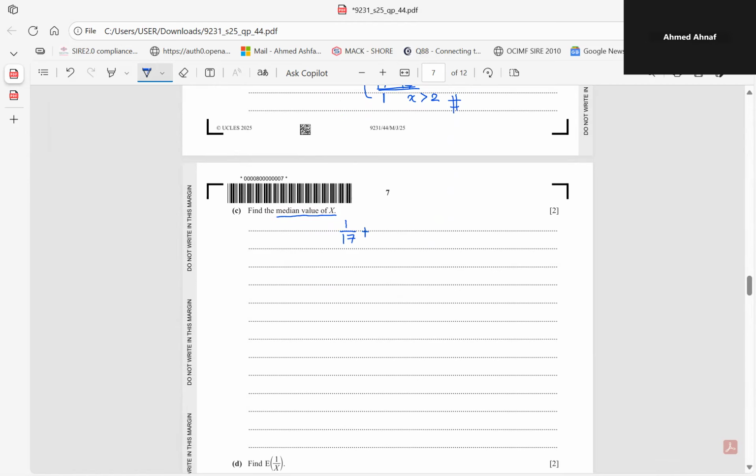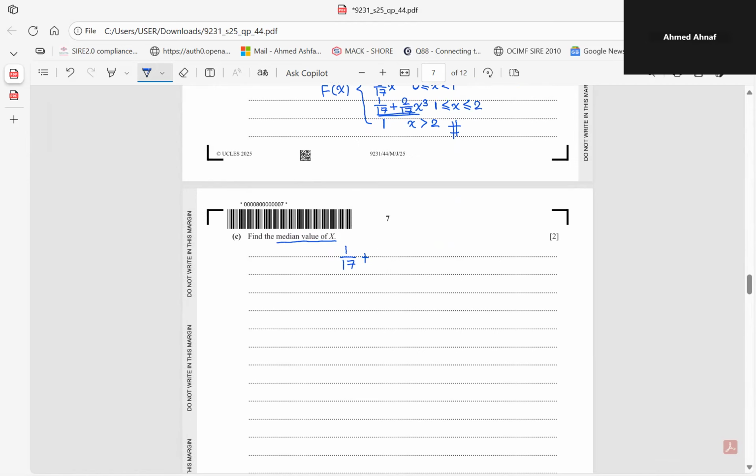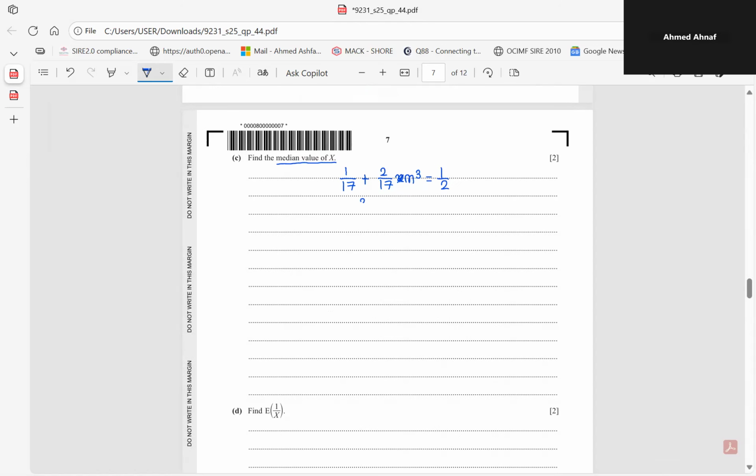So 1 over 17 plus 2 over 17 m cubed equals half. So let's separate the m cubed term. 2 over 17 m cubed equals half minus 1 over 17. You get 15 over 34.